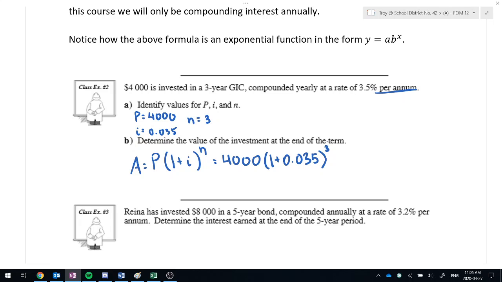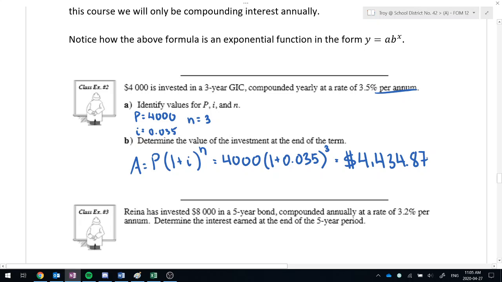That gives us 1.108717, and so on. And then once we have that, we multiply it by 4,000, and we get a value for our GIC of $4,434.87.